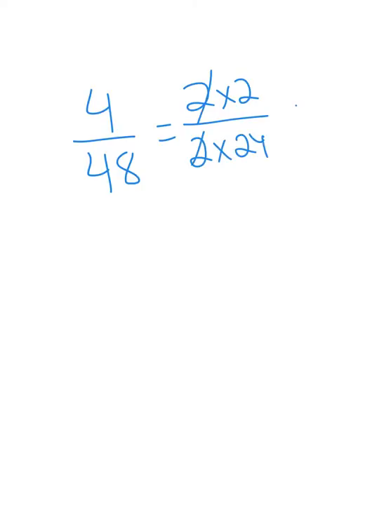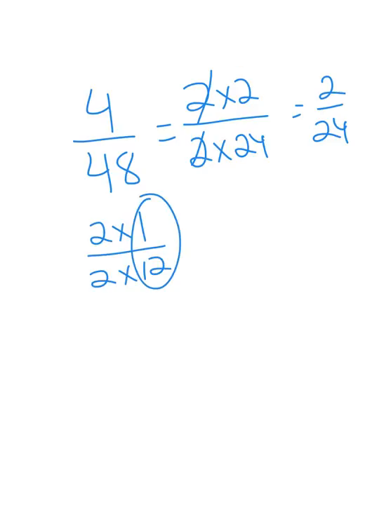I cancel those out. And I have 2/24. I see another factor of 2 in both of these, so I'm going to keep going. I know that 2 is equal to 2 times 1, and I know that 2 times 12 equals 24, so I have 1/12. This is equal to 1/12.